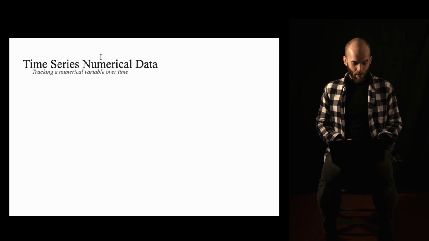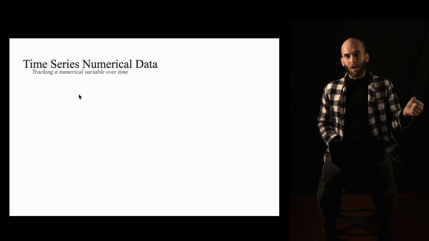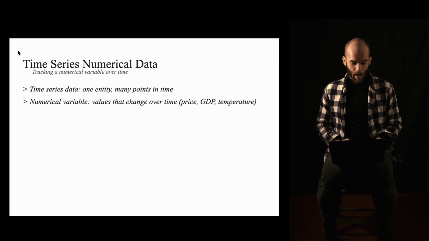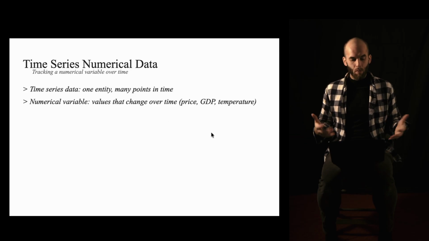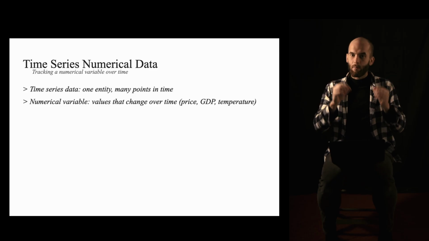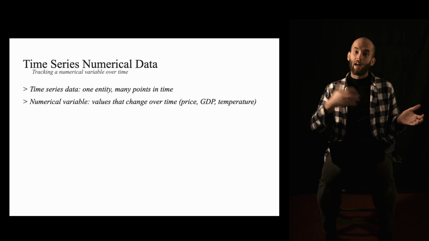So this is how we characterize time series data, where we're tracking primarily one numerical variable through time and measuring one entity. Typically this is done with numerical variables, although there's some nuance here, but you can essentially think of time series as measuring numerical data.